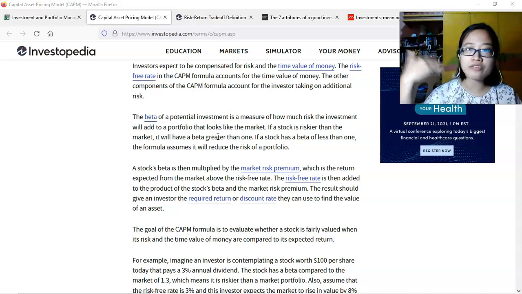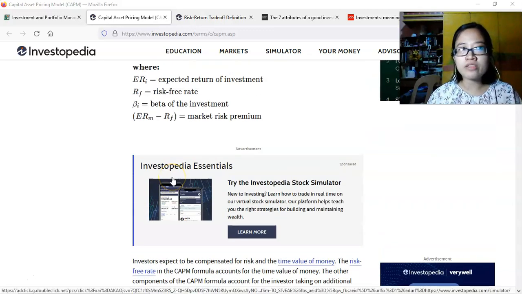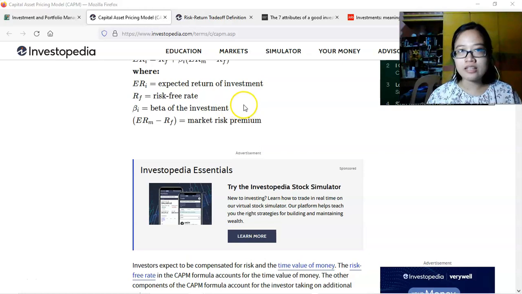If a stock has a beta of less than 1, the formula assumes it will reduce the risk of the portfolio. So essentially, yung beta talks about the riskiness of the asset or the investment as compared to the market.